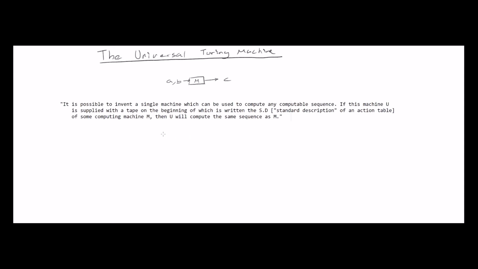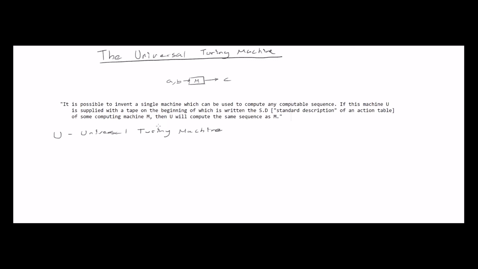What Turing is basically saying here is that this universal Turing machine, U, is our universal Turing machine.